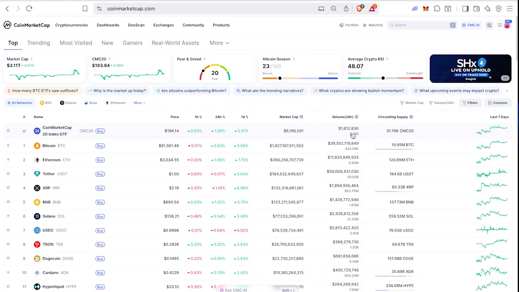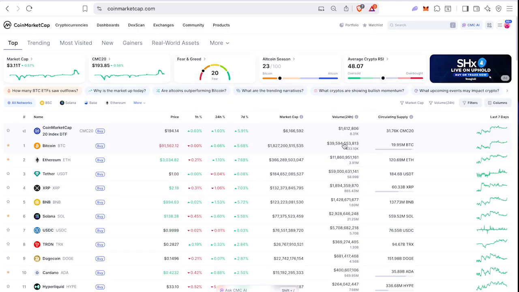To the right of it, you see the 24-hour volume, and that's pretty much how much money was bought and sold within a 24-hour period. The higher this number is in this 24-hour period, the more it shows how liquid an asset is, and it means how much people are trading the cryptocurrency back and forth on a daily basis. You want to see this number high.